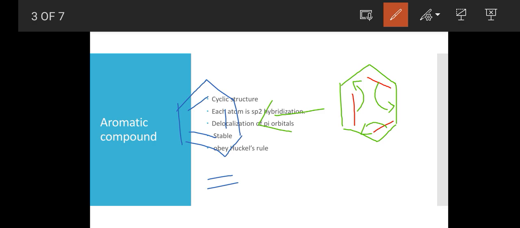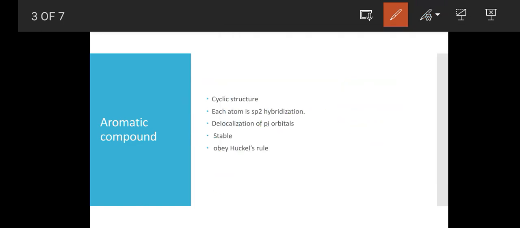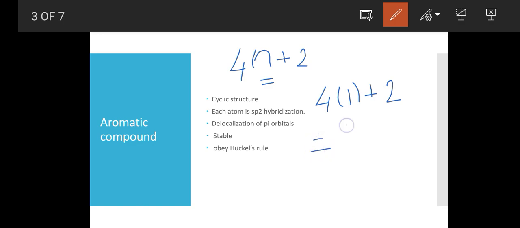Here it obeys the 4n plus 2 rule. I will explain that. In the 4n plus 2 rule, we substitute n as 1 here, and we get 6 pi electrons.